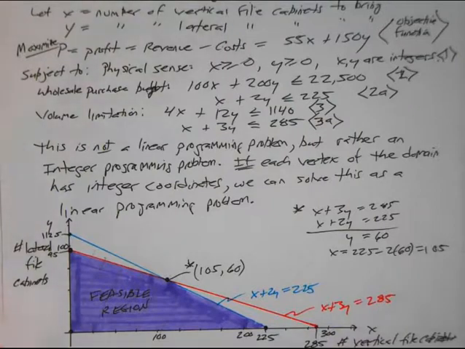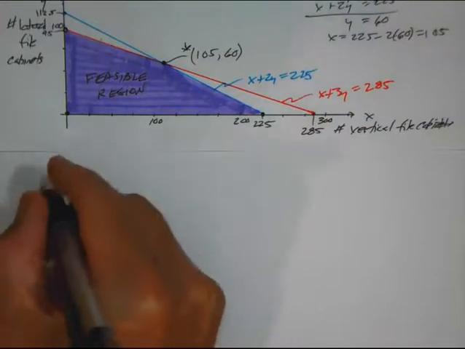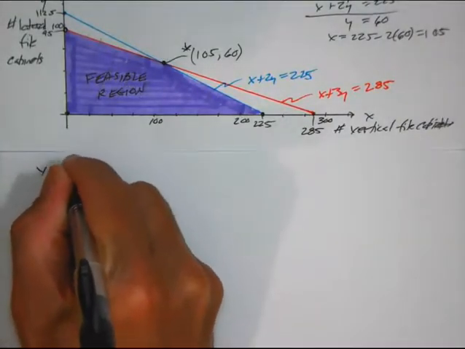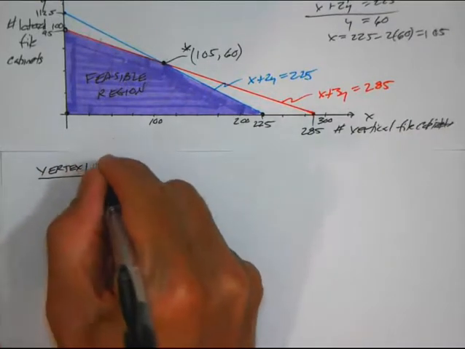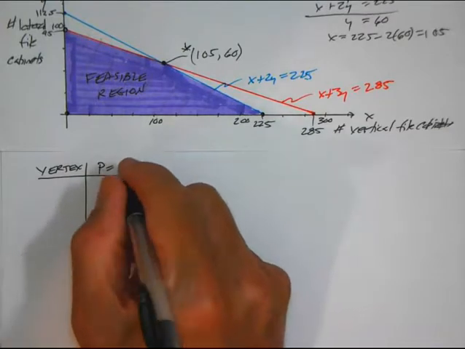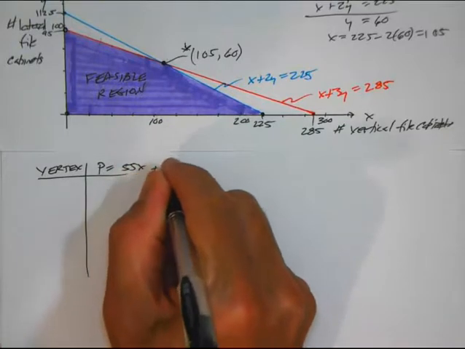Off to the table where we evaluate the value of the profit function at each vertex. Okay, so for our table here, vertex, and evaluate the profit at each of these. The formulation we had for profit was 55x plus 150y.